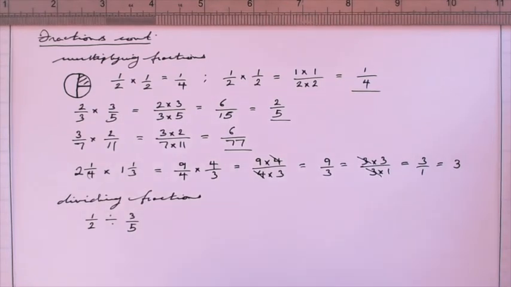However, don't fear. When you're dividing fractions, you simply need to switch the division sign to a multiplication sign and flip the second fraction. Now you might say, well, why is that true?